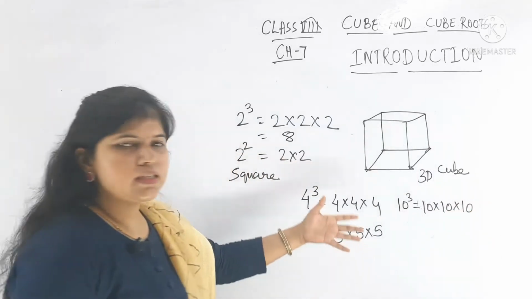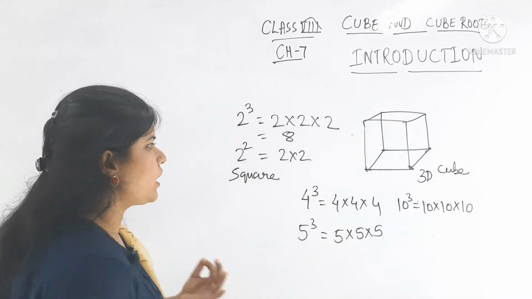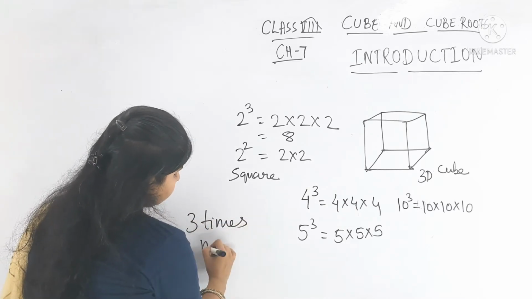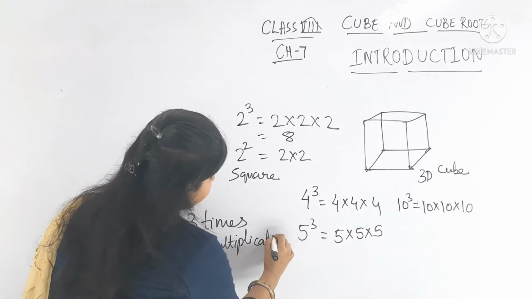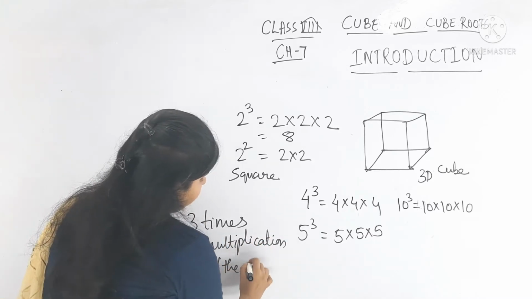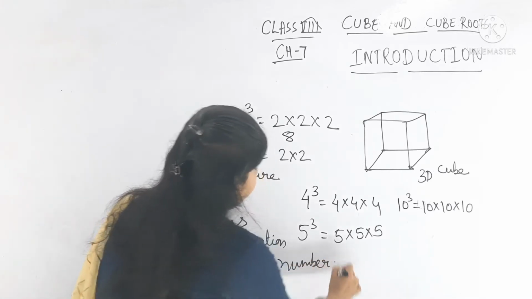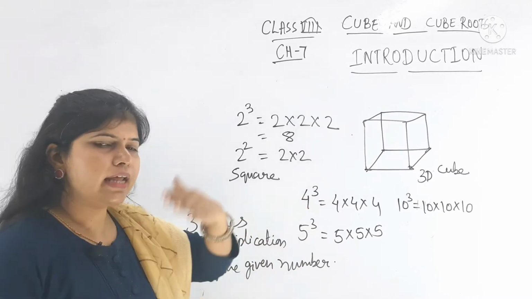Cube means here the number raised to the power 3 and it is multiplication. How many times? 3 times multiplication of the given number, right? If it is given 4, so the cube of 4 is 3 times multiplication.